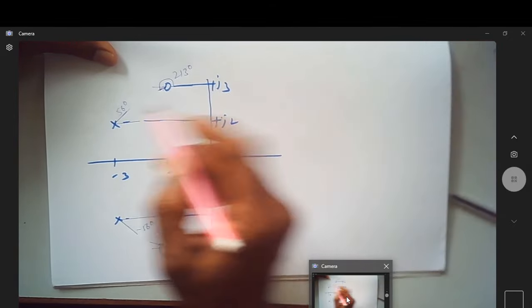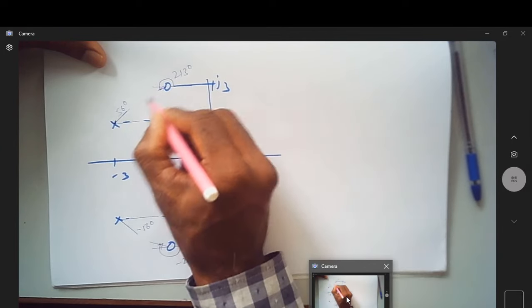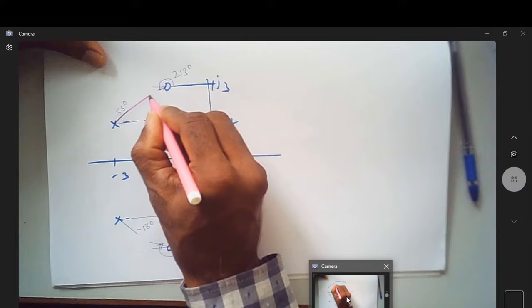So the pole leaves here, and then it enters. Maybe it's just going like this.